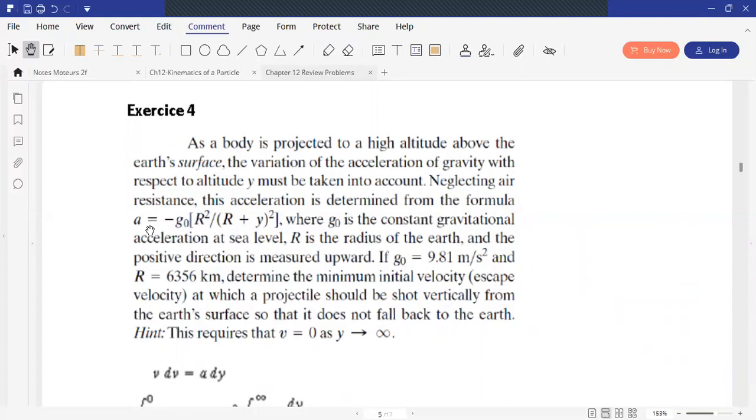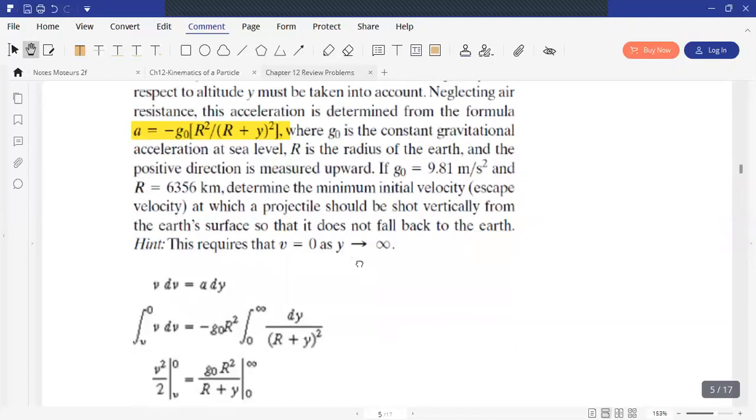Now, you have a given as a function of what? You have a as a function of y, and you want to find velocity. So you should start from the relation between acceleration, velocity, and position, which is v dv equals a dy. And then it will be very simple. It's very similar to the other example.